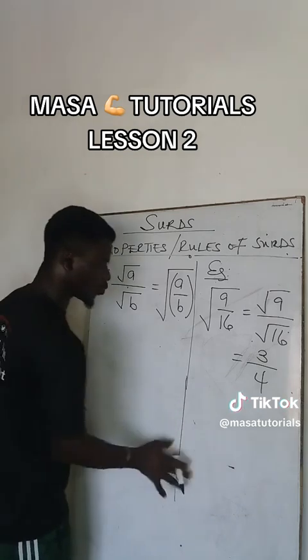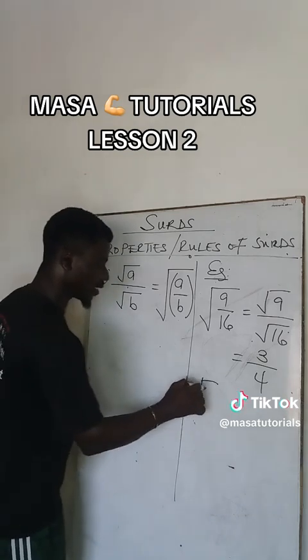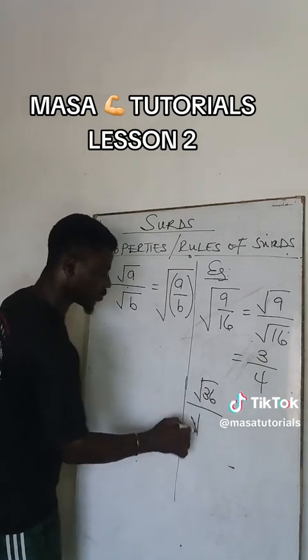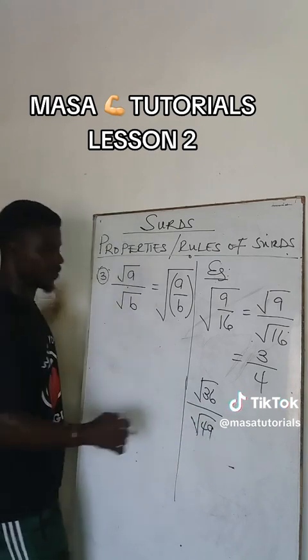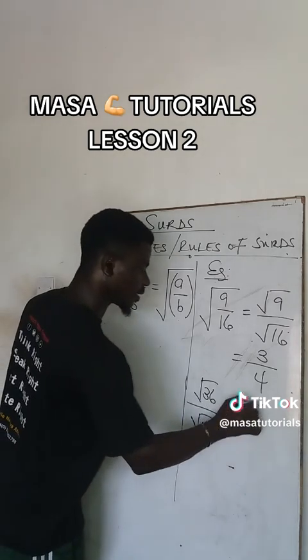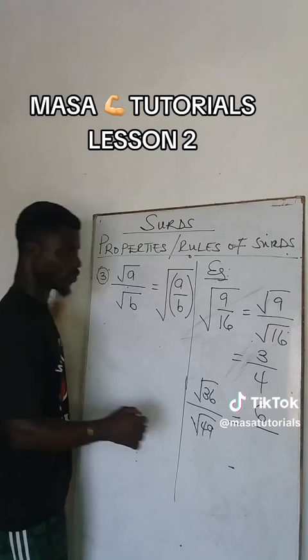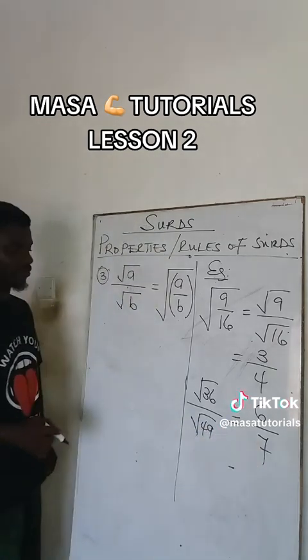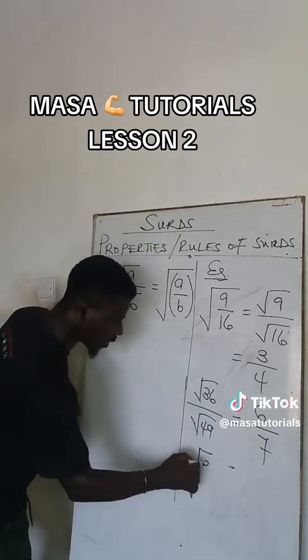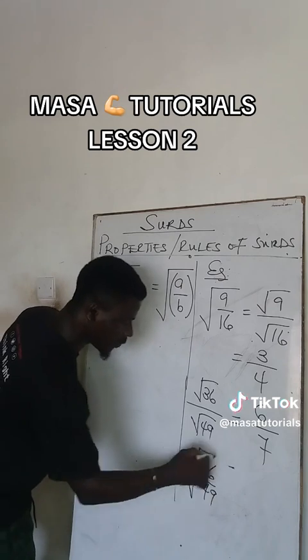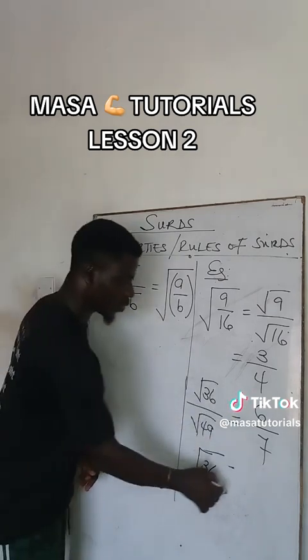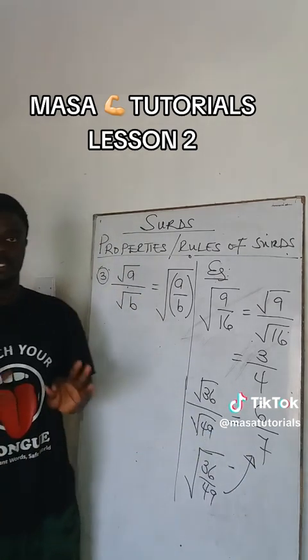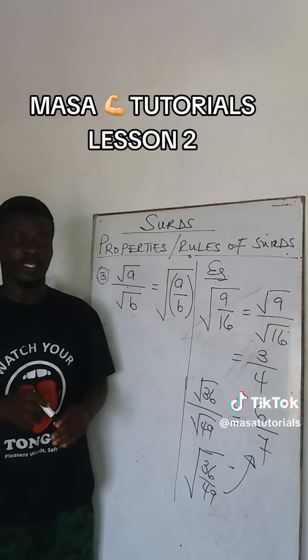We can have another one, square root of 36 all over square root of 49. We have square root of 36, which is 6, all over square root of 49, which is 7. You can just take the whole of that 36 over 49, and you will get the same answer.